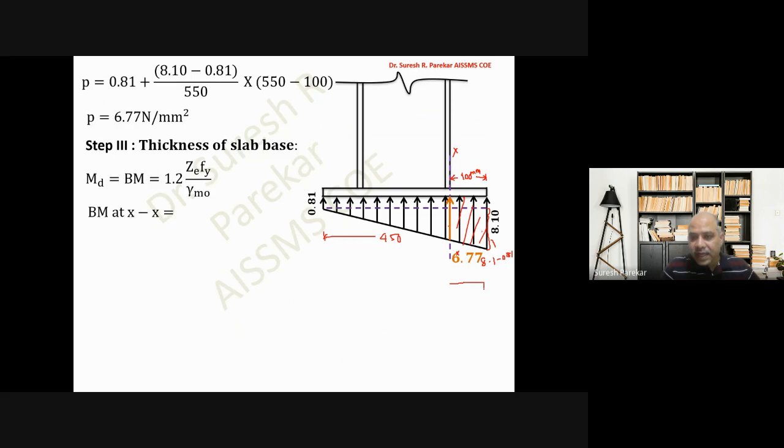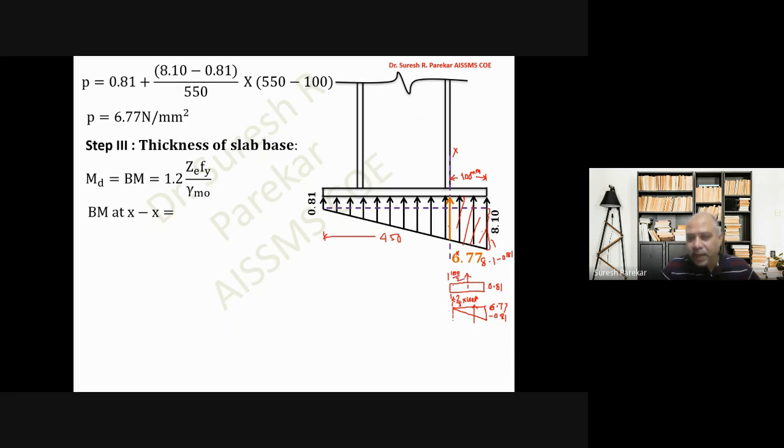So we will have this as 0.81, and then remaining part will be triangular, and this value will be 6.77 minus 0.81, and this will act at CG, and we are taking moment about this portion, so we will have this as 2/3 of 100, and then here it will be at center, so that will be 100 by 2, and then we are going to take moment about this.